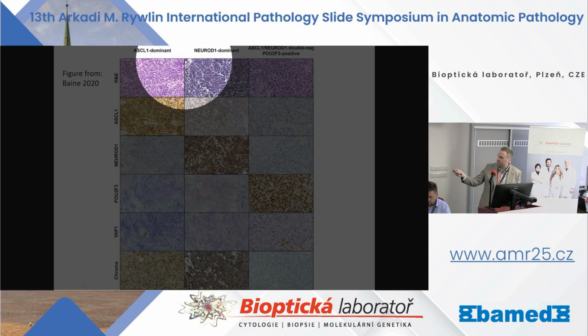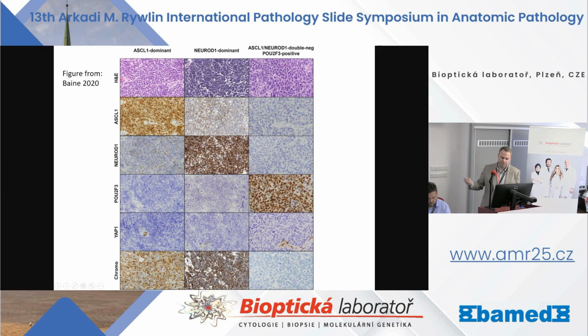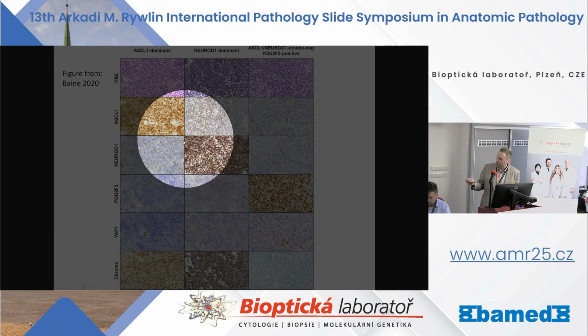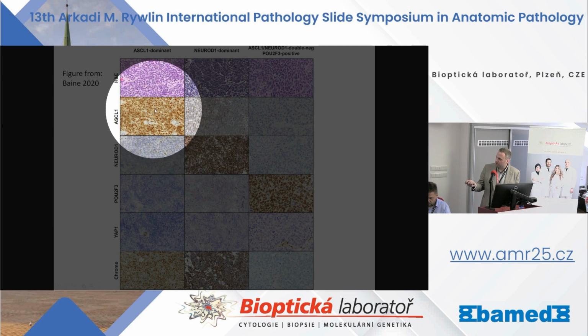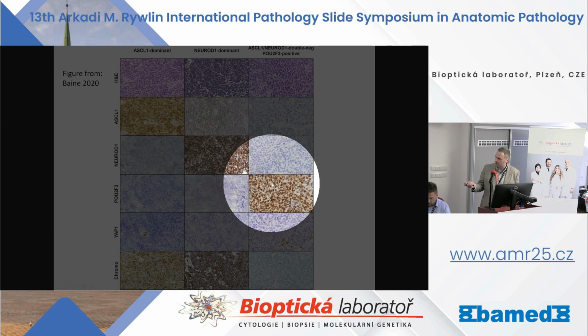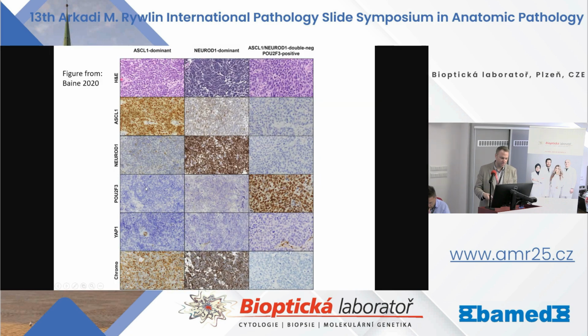This chart makes it seem like a more spindle appearance is more common in NeuroD1, but that's not the case, so it wasn't helpful that way. It's just interesting to see that there are truly these tumors that are ASCL1 predominant, NeuroD1 predominant, and the PAL 2F3 is negative for those, which was very consistent. And the YAP1 ones are negative for all three. It's just interesting to map out.